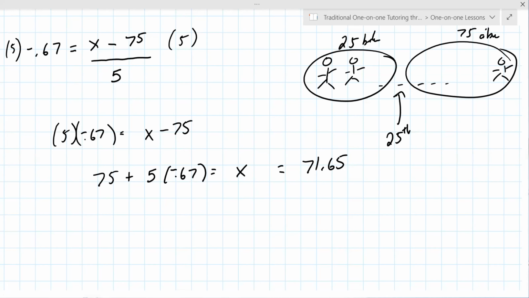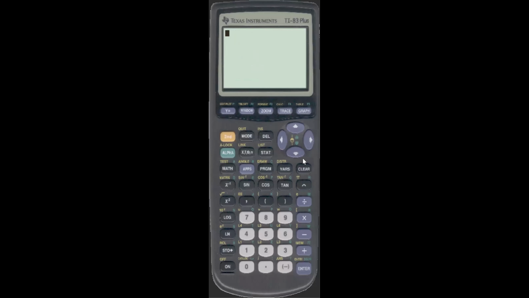Now, probably more interesting to know how to do this on the calculator. So let me go back to that and see if you like this. I don't know if this has been covered in your class, so if it hasn't, this won't be very helpful. Let me just check here. Yeah, okay. So I did second distribution.